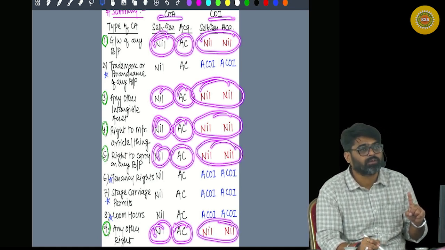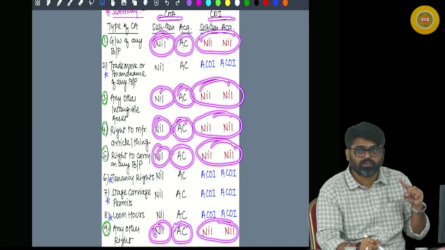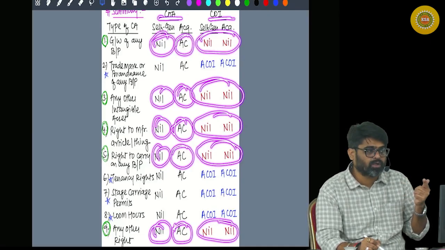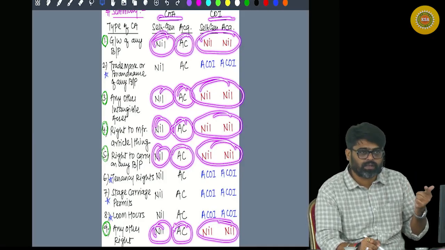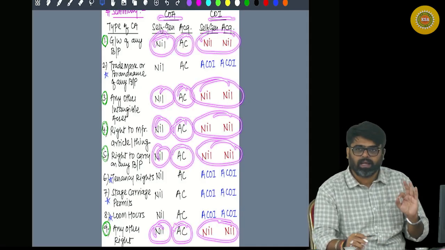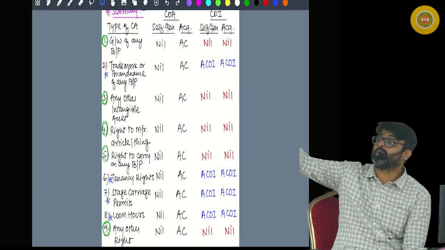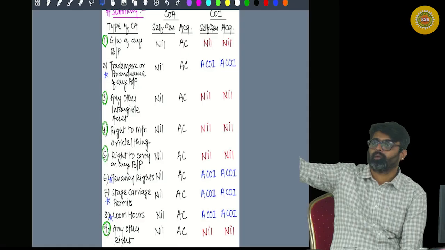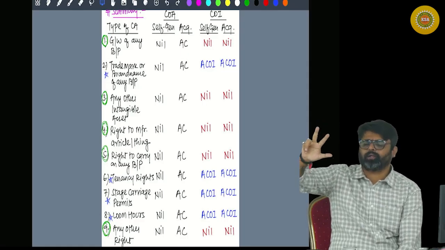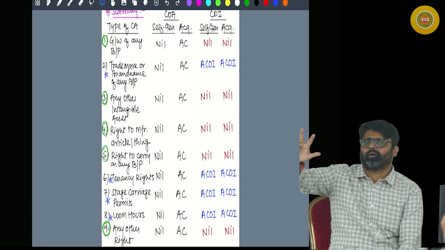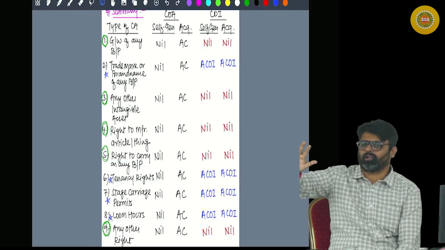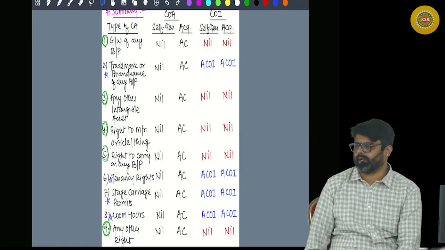Which assets? Goodwill of business or profession, any other intangible asset, right to manufacture any article or thing, right to carry on any business or profession, and any other right. Number 1, goodwill of business or profession; number 2, any other intangible asset; number 3, right to manufacture any article or thing; number 4, right to carry on any business or profession; number 5, any other right.